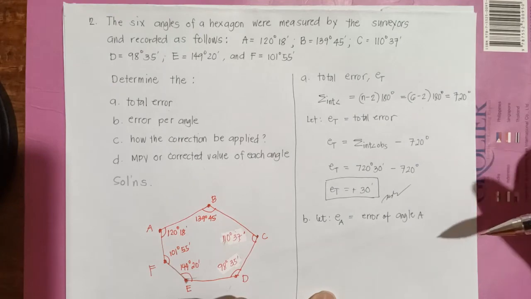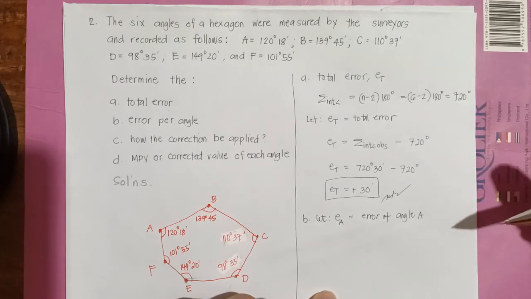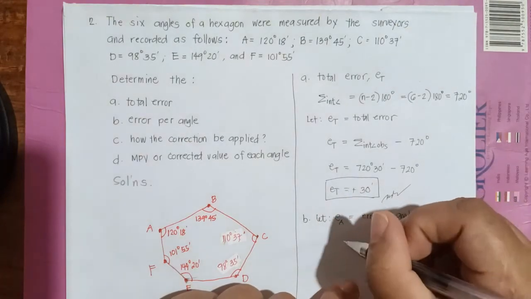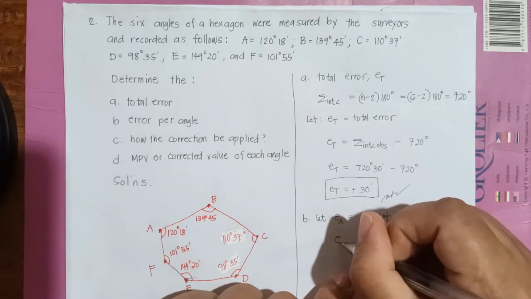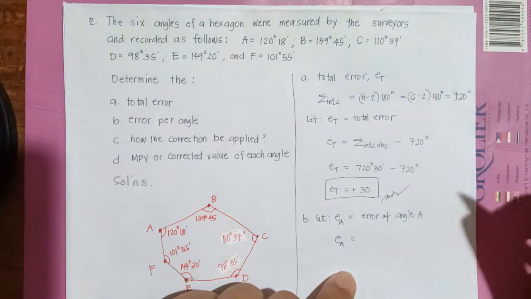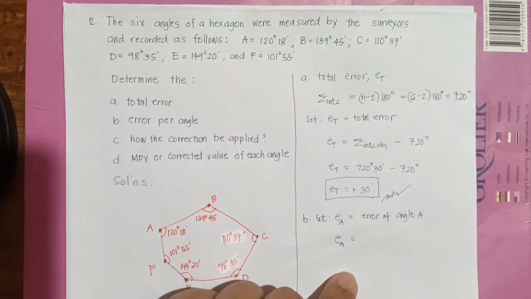Let us proceed to the solution. We have E sub A is equal to, how are we going to solve this?